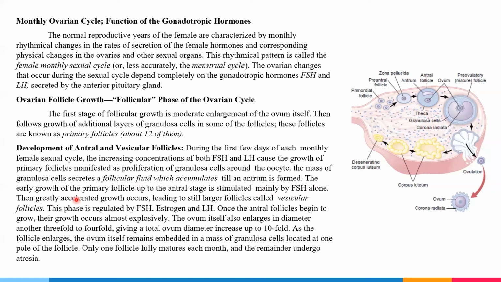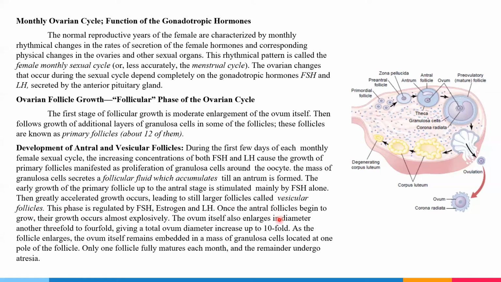The early growth of the primary follicle up to the antral stage is stimulated mainly by FSH alone. Then greatly accelerated growth occurs, leading to still larger follicles called vesicular follicles. This phase is regulated by FSH, estrogen, and LH.